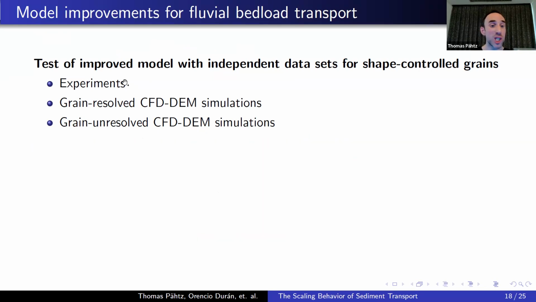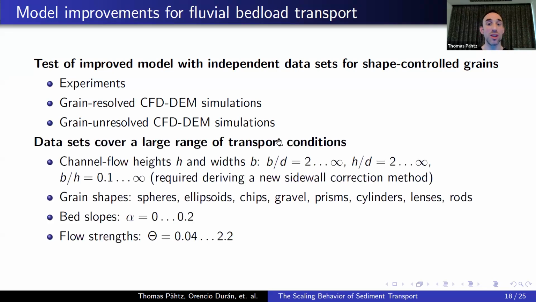These include experiments, grain-resolved CFD-DEM simulations, where the flow around a particle is resolved, so we don't have to introduce empirical fluid drag or fluid lift forces. And then unresolved simulations as well, where we have some empirical measure for fluid drag or fluid lift forces. The data we use to test this model include open channel flows where the channel height and width vary a lot.